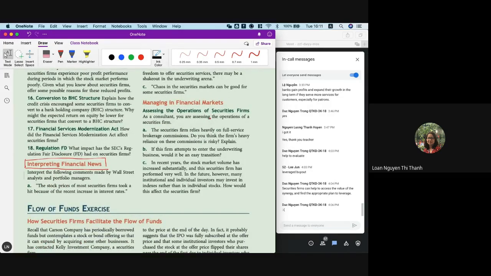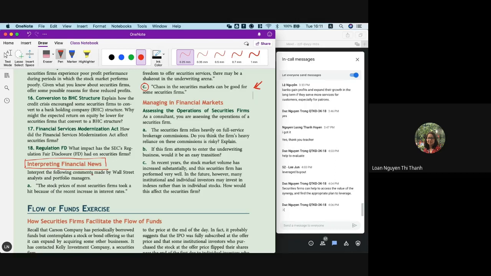Chaos in the security market can be good for some security firms. Maybe. So at home, we try to find out related information about this news for me, chaos in the security market, good for some security firms. What does it mean? And how do you interpret?